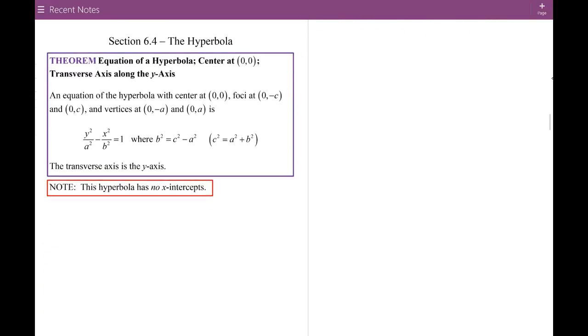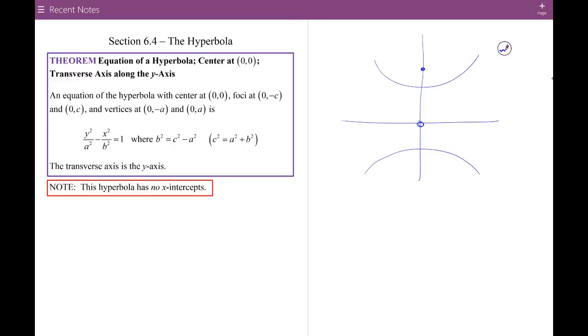And the second type of hyperbola that we're going to look at is the type where it's got the transverse axis along the y-axis, so it will look like it's been rotated 90 degrees compared to the ones we've been looking at. So here's where the center's at 0, 0.